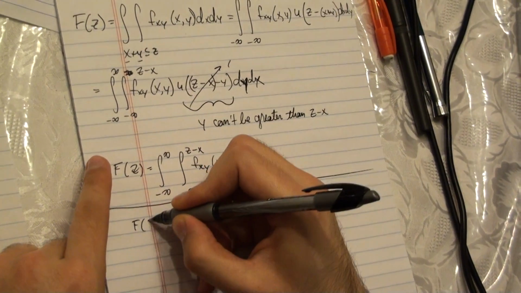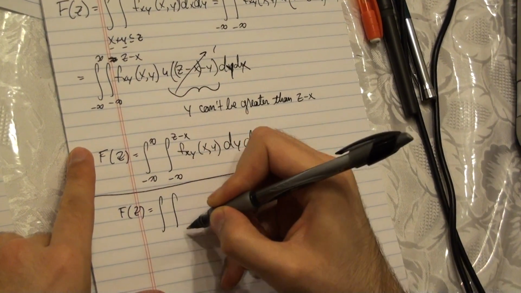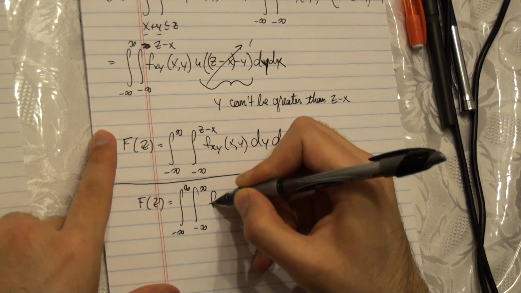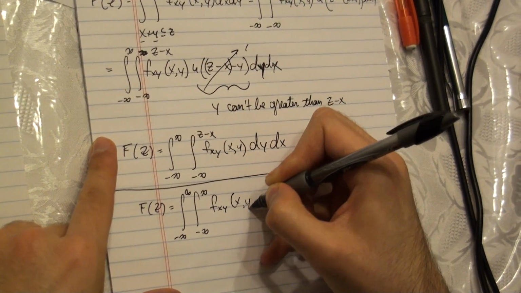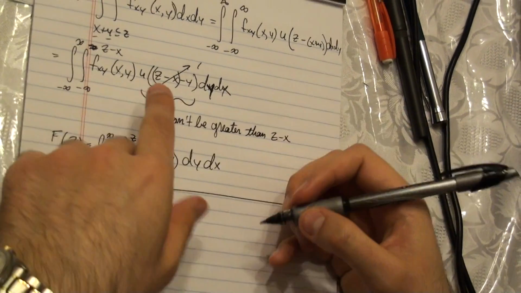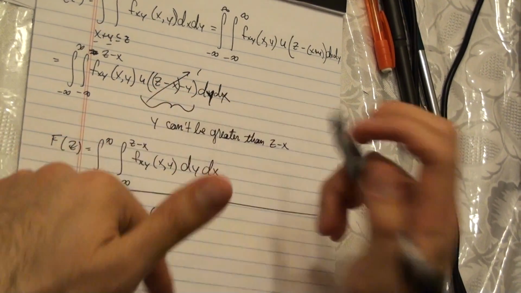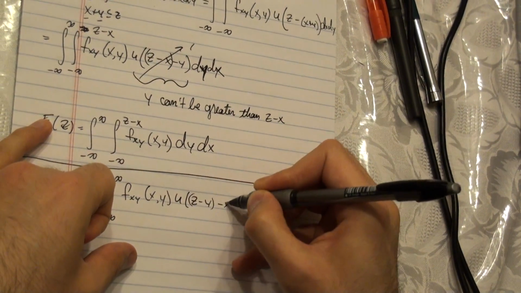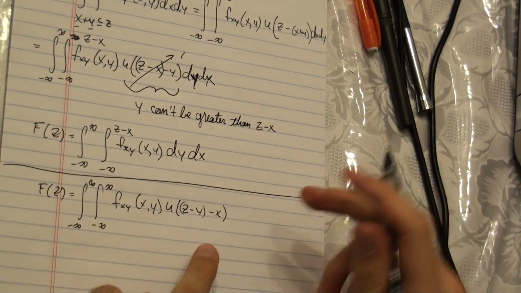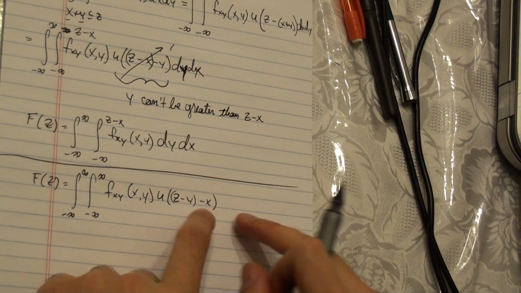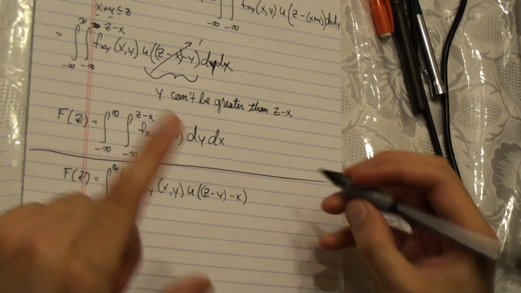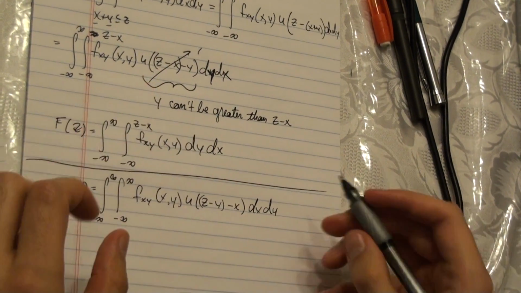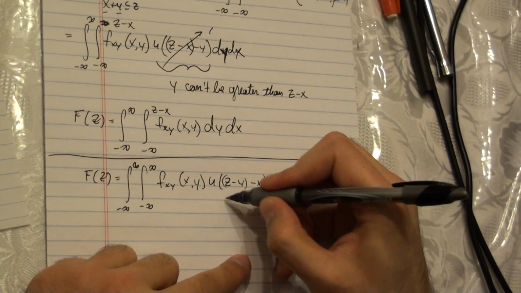Now, we could have looked at big F of z like this. Instead of putting the parentheses around z minus x, we could have done z minus y minus x. So what does this mean?